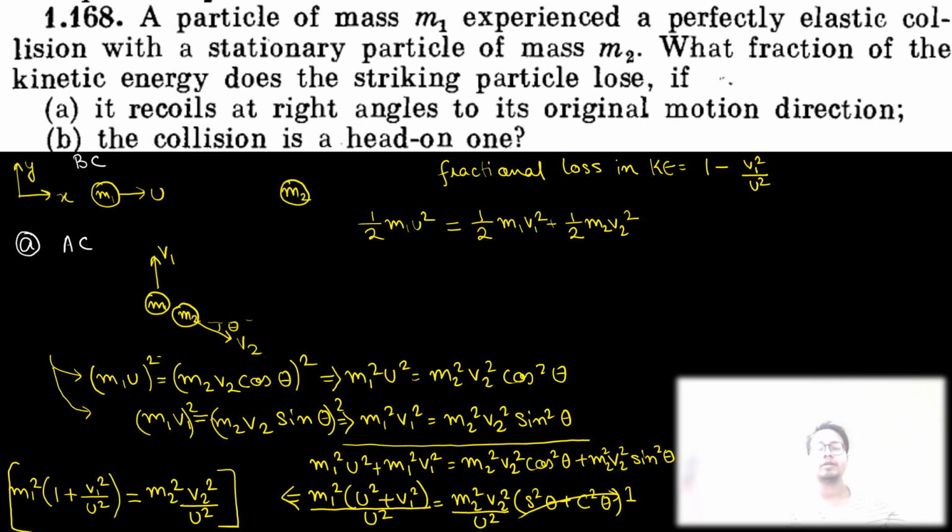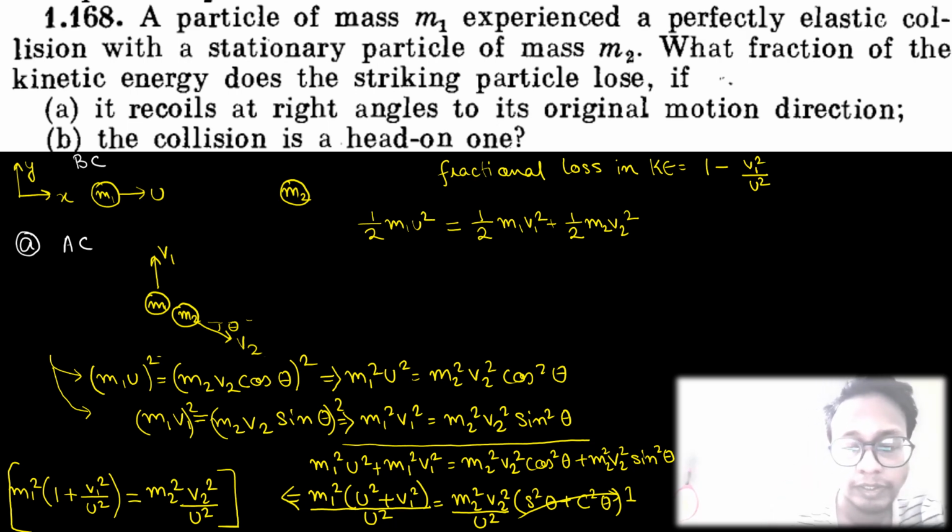Whenever there is a collision, there are basically three equations. Conservation of momentum, which is valid everywhere. Conservation of kinetic energy, only for elastic collision. And the third comes from the coefficient of restitution, which is the velocity of separation divided by the velocity of approach.